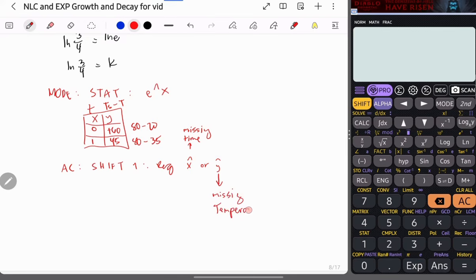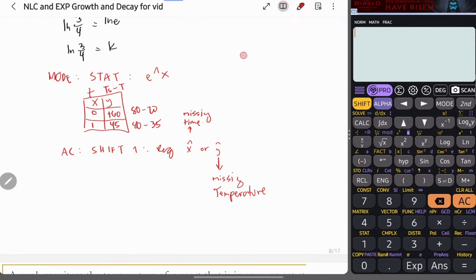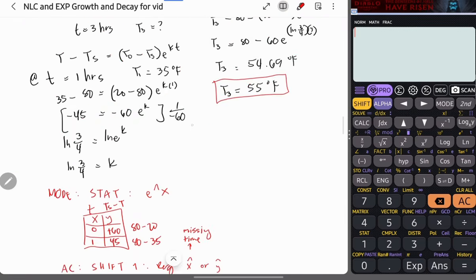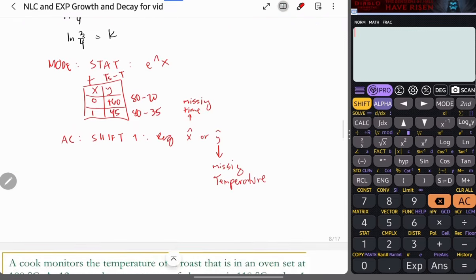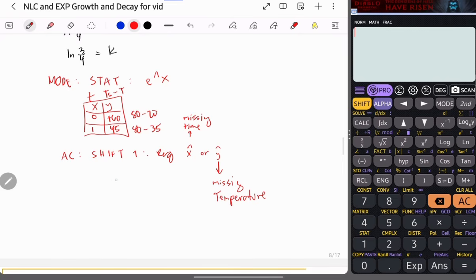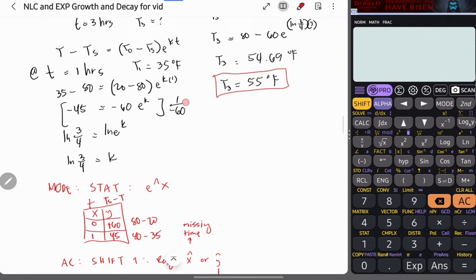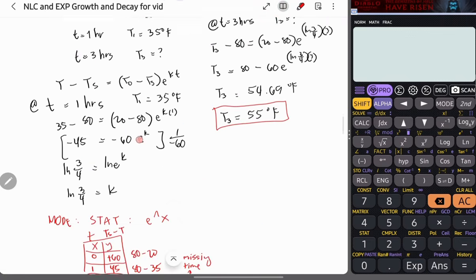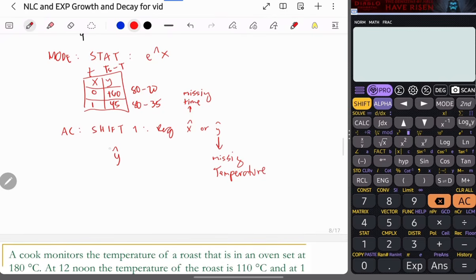But for this example, what is missing? Temperature. So missing is temperature. So we will choose Y bar. Then multiply that to the time. So, we are looking for the temperature when the time is 3 hours. So, times 3. So, let's use our calculator.